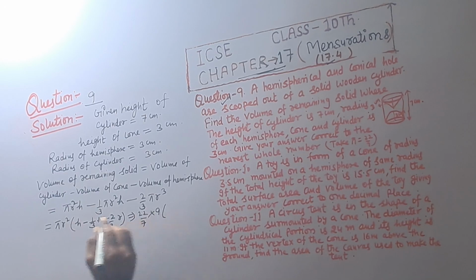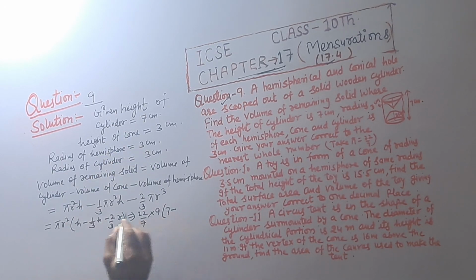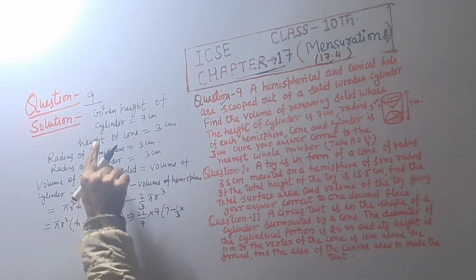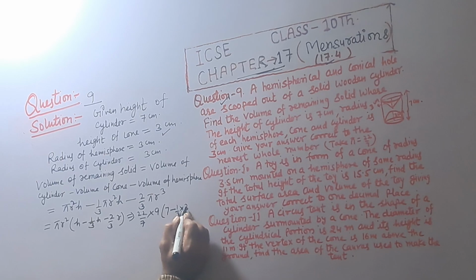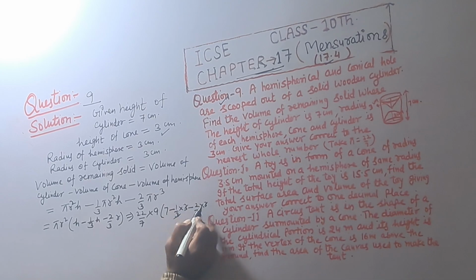3 3s are 9, and height of cylinder is equal to 7 minus 1/3 into height of cone, that is equal to 3. The 3 3s cancel. Minus 2/3 into radius 3.